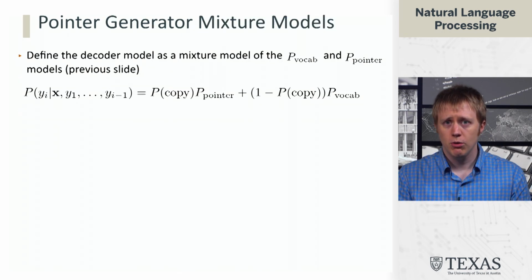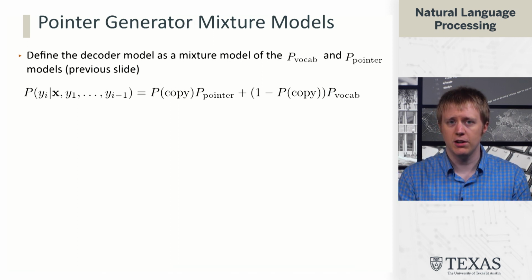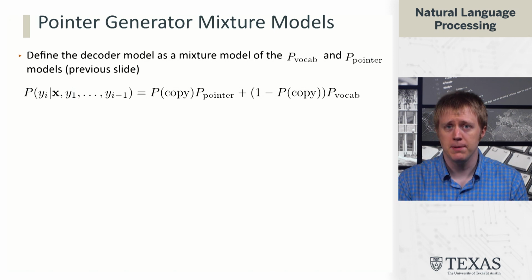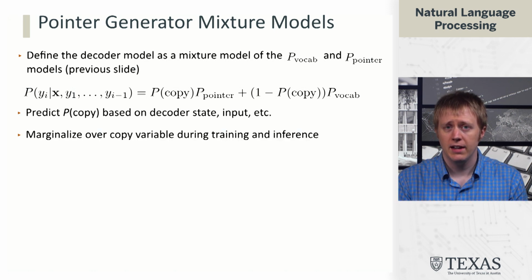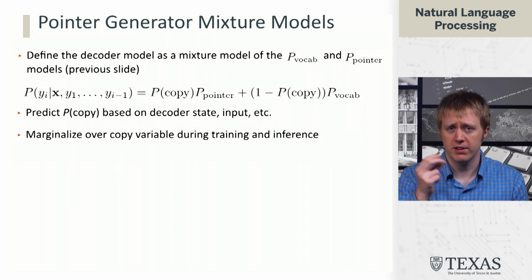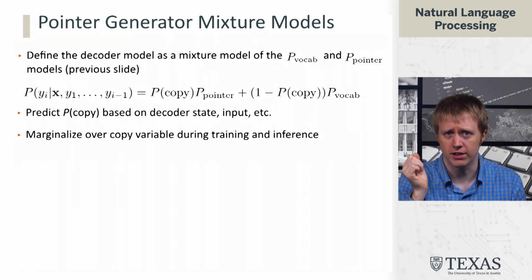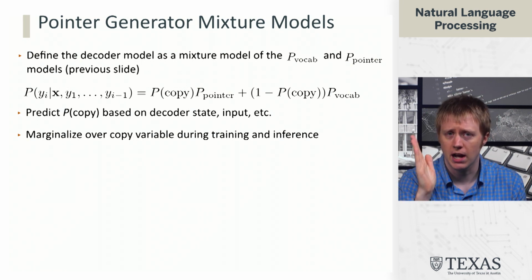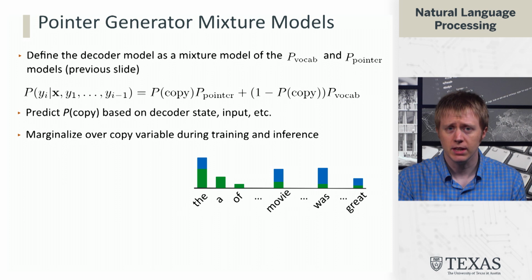The cool thing is that we can actually combine these two ideas. We can introduce an intermediate probability variable called p copy, and set up a mixture model where our generation output, p of y_i given whatever, is a mixture of p pointer and p vocab. If we predict p copy based on various factors like the decoder state, the model can dynamically switch between either generating from the vocabulary or copying from the input.